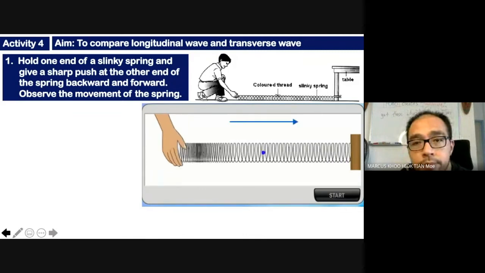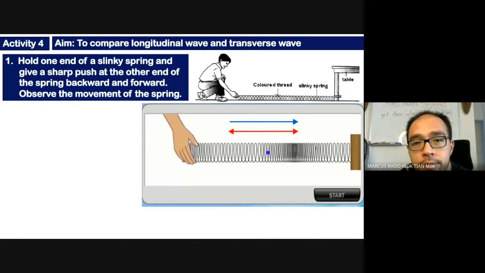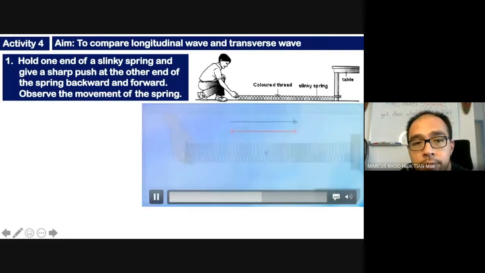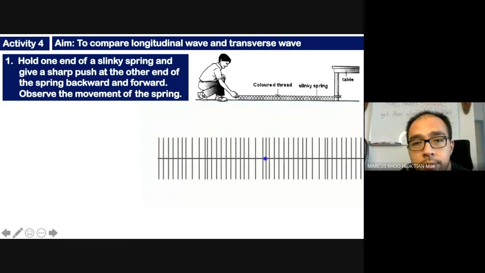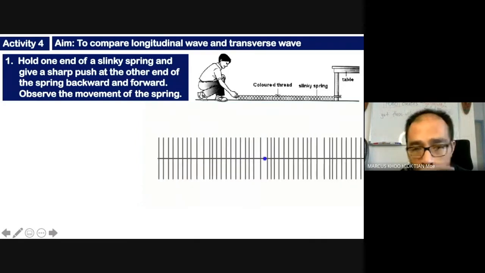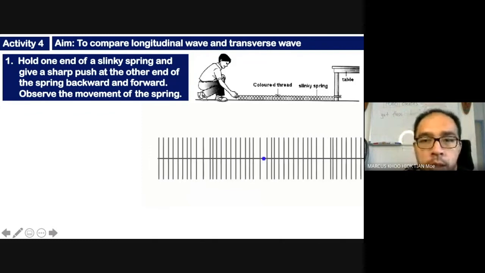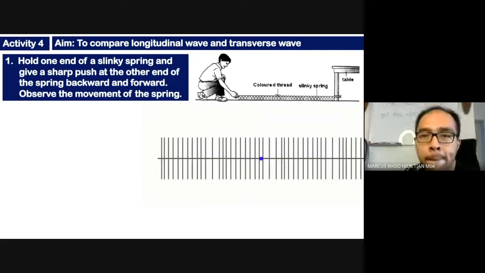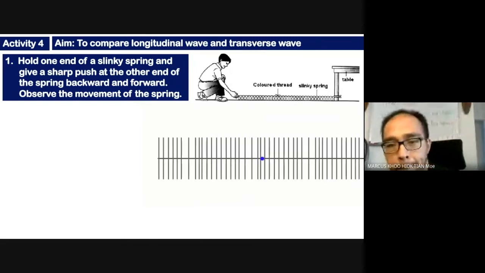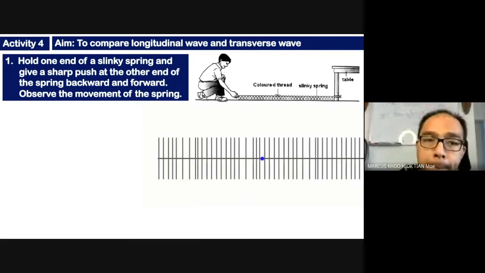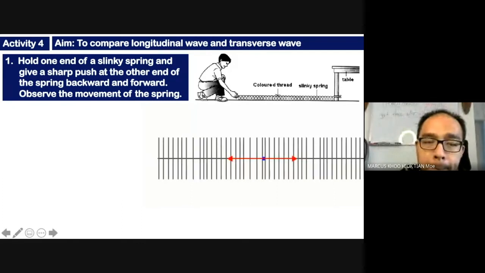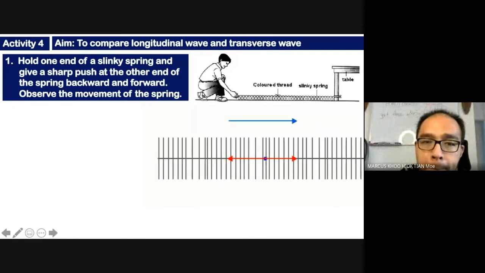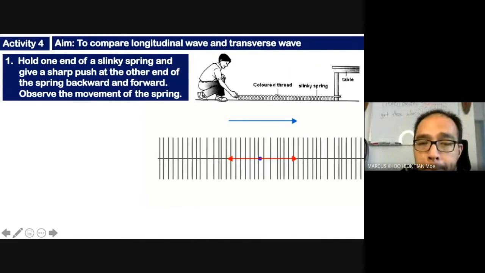The wave propagates to the right, and the spring particles vibrate back and forth. What can you say about the direction of vibration of the particle in relation to the direction of propagation of the wave? The particle moves back and forth, or vibrates, parallel to the direction of propagation of the wave.